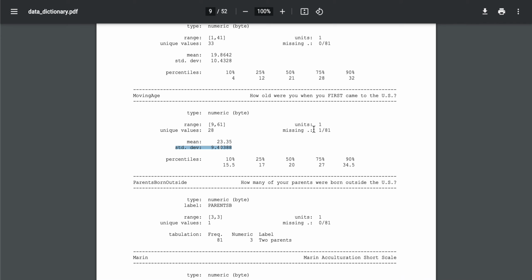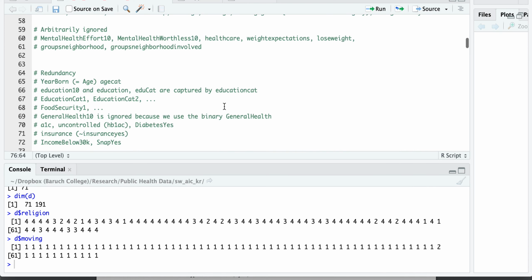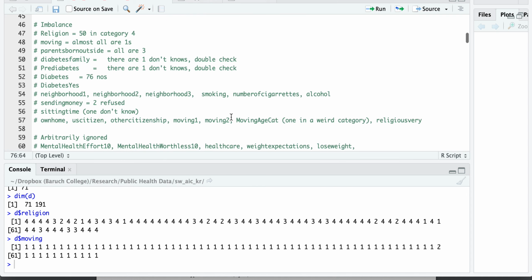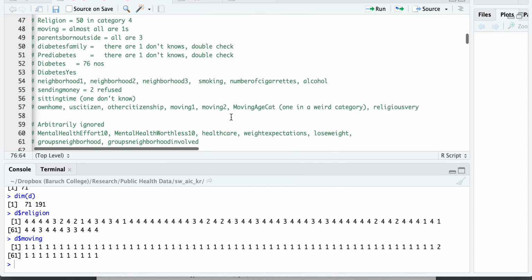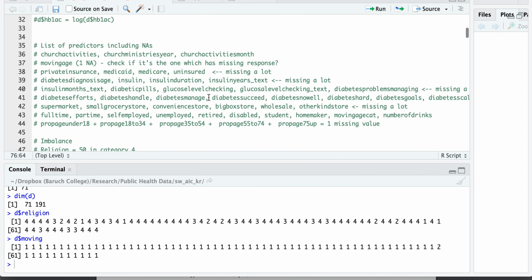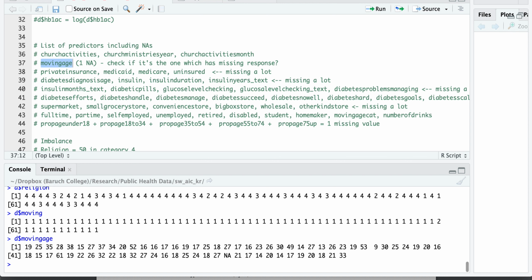That's interesting. Maybe because of this one missing value. Did I do that? Years. Moving. Yeah, we talked about that. So let's see. Moving age.